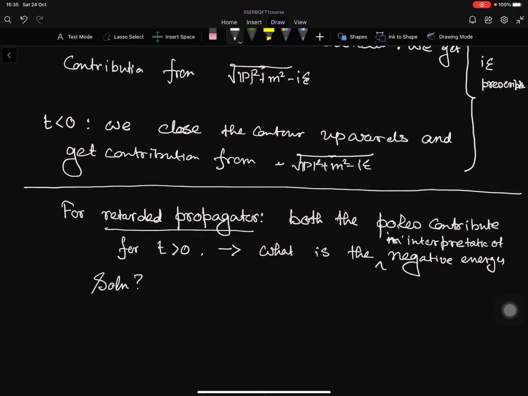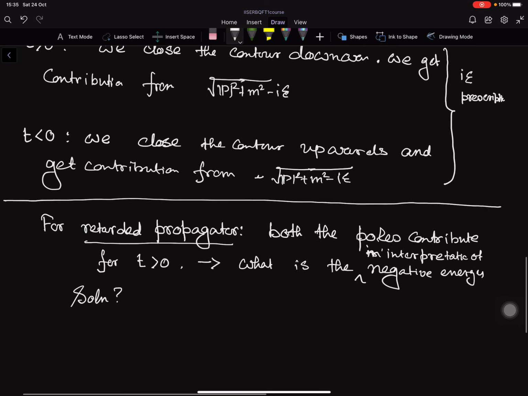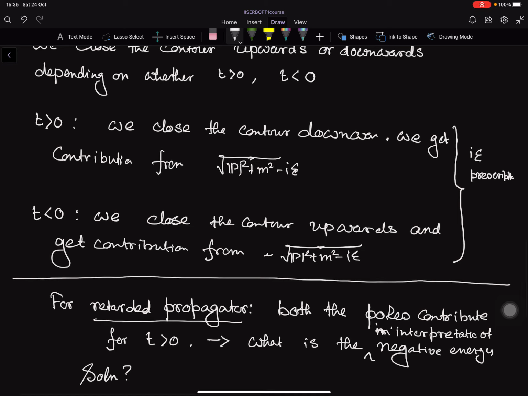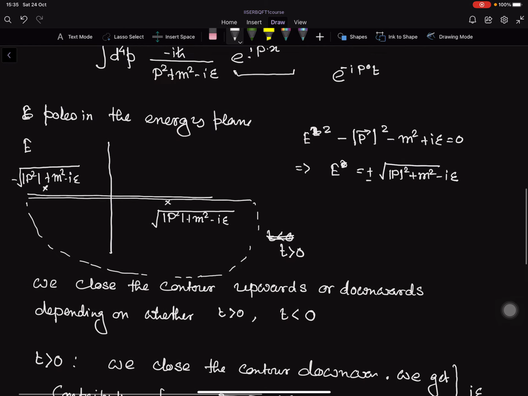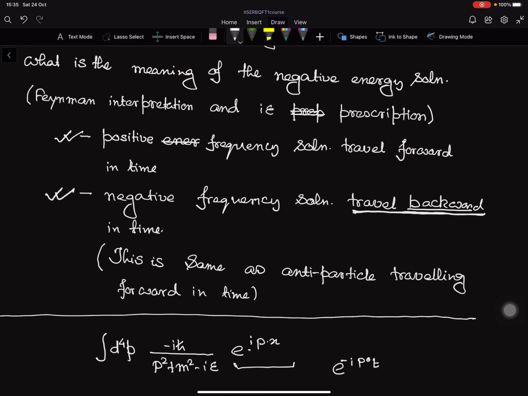But here you see that the clever Feynman epsilon prescription solves this problem in a very beautiful way. It is said that the positive frequency solution travels forward in time and the negative frequency solution travels backward in time. We'll see this interpretation with the antiparticle when we see charged particles, because in that case the meaning of the antiparticle becomes more prominent.